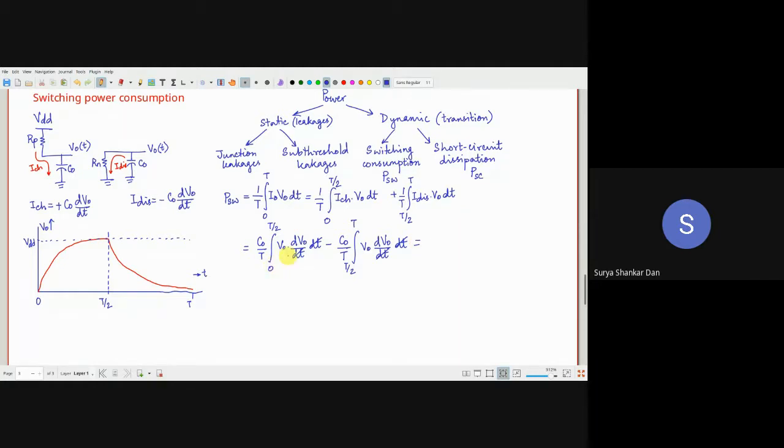Notice that we are now essentially trying to do the integral with respect to dVO rather than dt. During the first half cycle, the output VO is going from 0 to VDD. Okay, so we shall write here 0 to VDD.